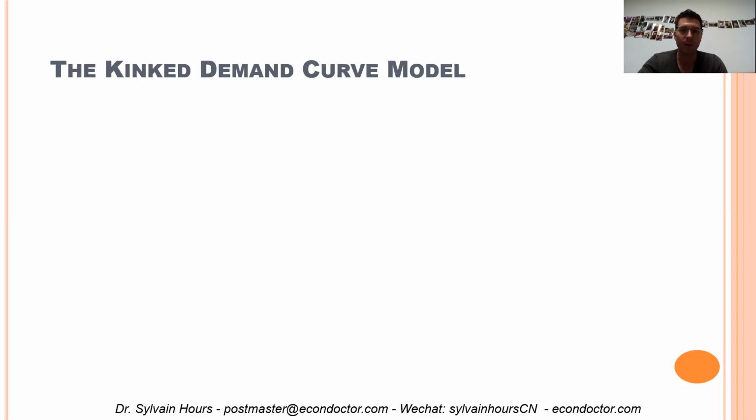Perhaps you have seen the other name, the Sweezy oligopoly. I don't really know how to pronounce it. Sweezy is the name of the economist who came up with this model in the 1930s. It's quite old. I forgot exactly when it was.